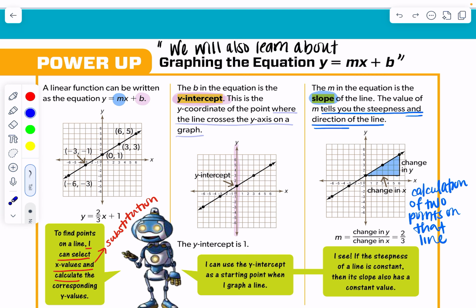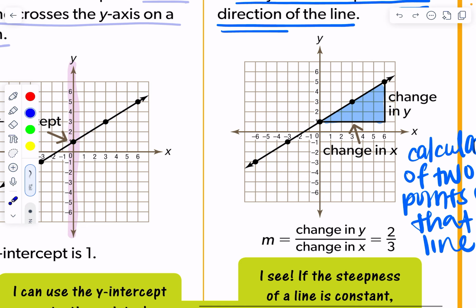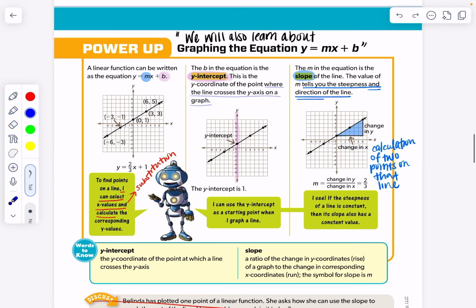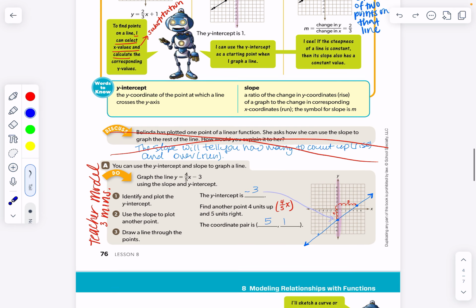And how steep it is moving: 2 spaces up and 3 units to the right. Each point is going 2 spaces up and 3 units to the right to get the next point. So those are the different parts of the graph y equals mx plus b.